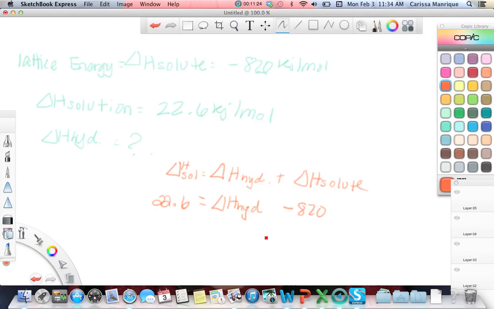Okay, so let's bring this over there to isolate this. It's negative here, so we're going to bring it over, it'll be a positive here. So we'll have 22.6 plus 820 equals delta H hydration. Okay, have my calculator out. 22.6 plus 820, 842.6.